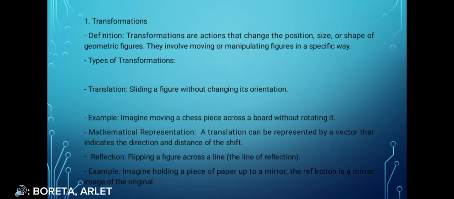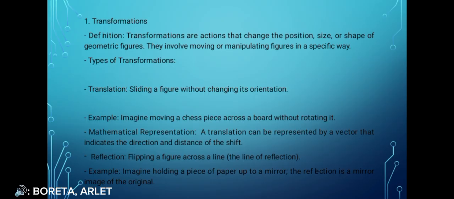Transformation. Definition. Transformations are actions that change the position, size, or shape of geometric figures. They involve moving or manipulating figures in a specific way. Types of transformation. Translation, sliding a figure without changing its orientation. Example, imagine moving a chess piece across a board without rotating it.